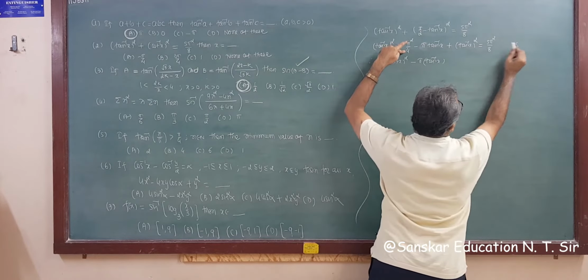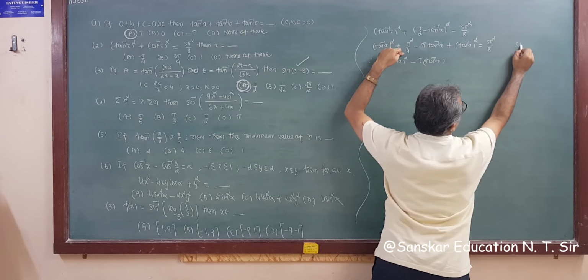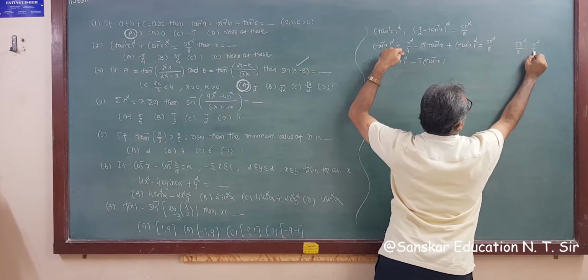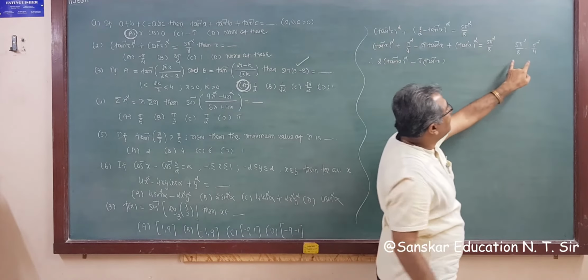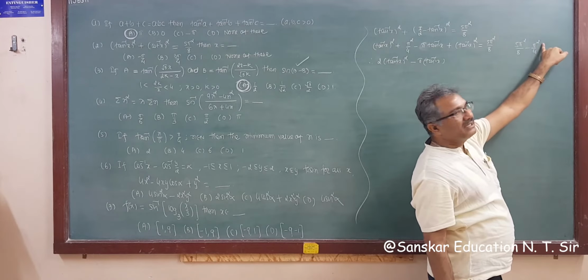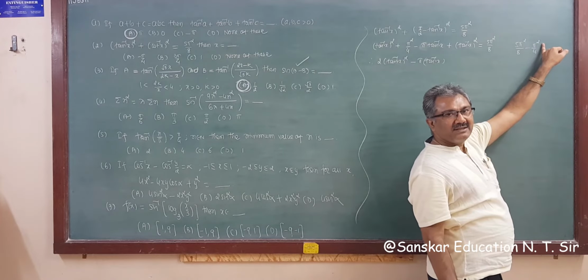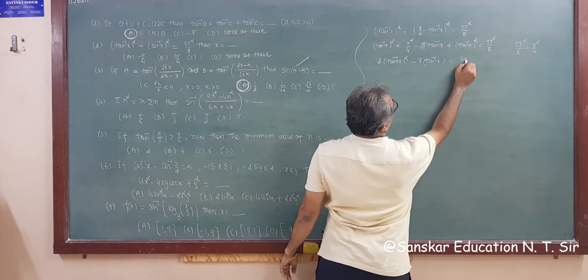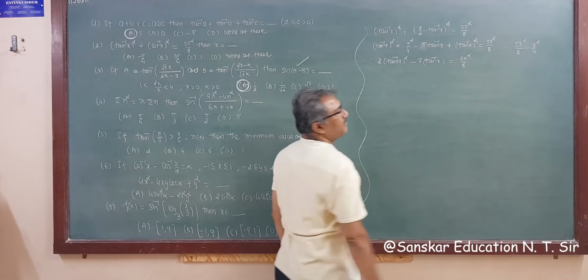Now if we take these to the right-hand side, this is minus, so 5 pi square by 8 minus pi square by 4. Taking 8 as LCM, this is 5 pi square minus 2 pi square, that is 3 pi square by 8. So this is equal to 3 pi square by 8.